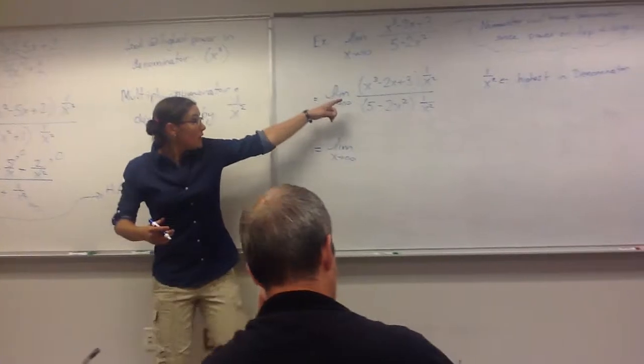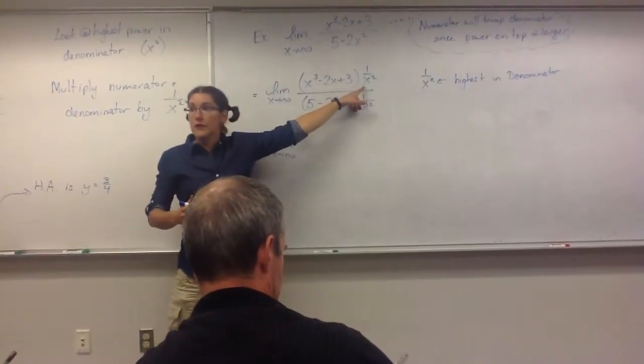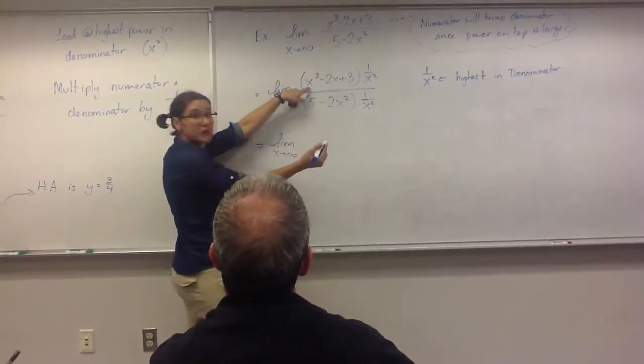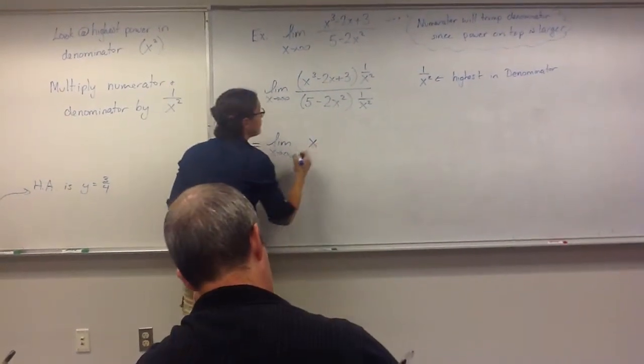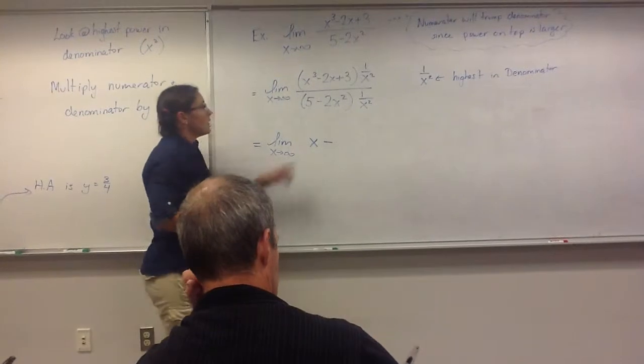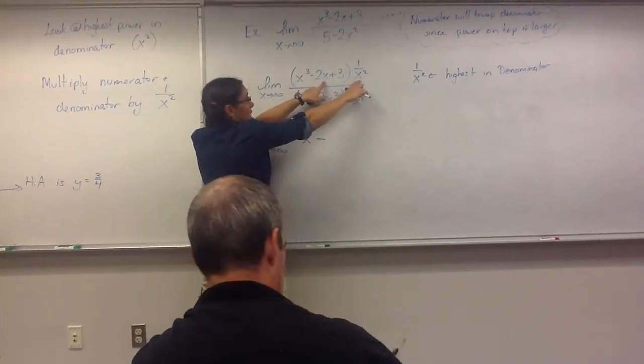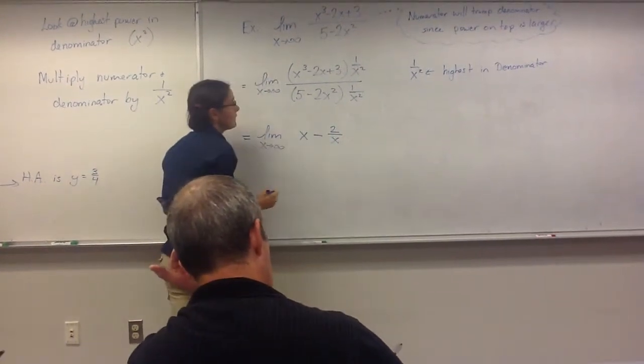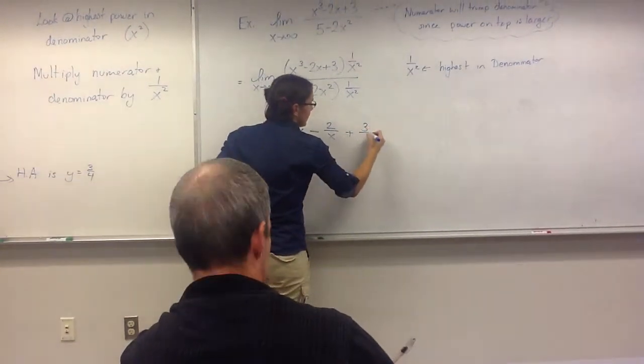Okay, so I want to distribute my 1 over x squared. So in my first term, I've got x cubed over x squared, which is going to leave us with an x. When I multiply 1 over x squared times 2x, it leaves me with a 2 in the numerator and an x in the denominator. And then I have plus 3 over x squared, 3 times 1 over x squared.